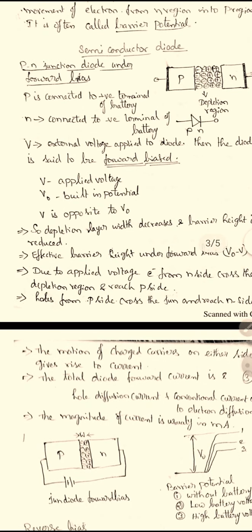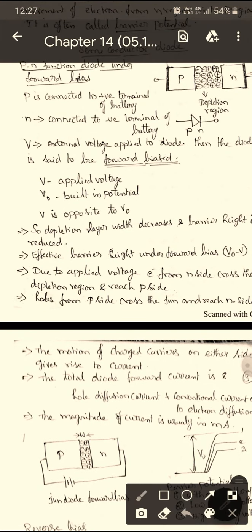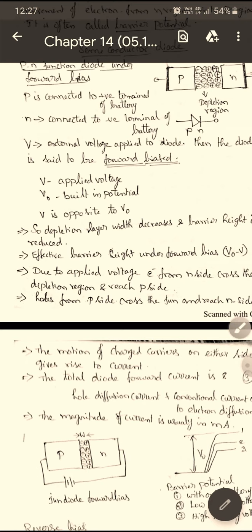You can see in this diagram, P is connected to the positive terminal of the battery, and N is connected to the negative terminal of the battery. So V is the applied voltage, V naught is the built-in potential, and V will be opposite to V naught.